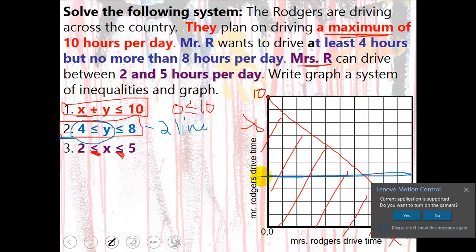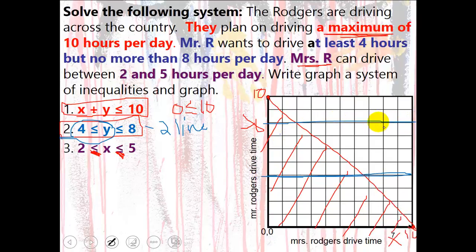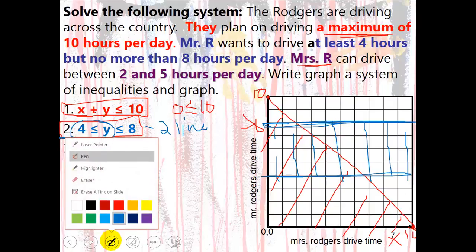And then y is equal to 8. 5, 6, 7, 8. And we want our y's that are where? Between that. So we're going to shade in between those 2 lines. Remember, we're looking for overlap. So you see out in here where there's just blue, that's not going to be part of our solution in the end. All right?